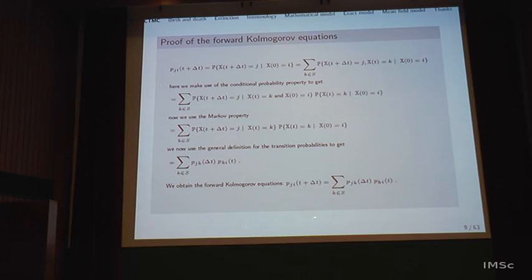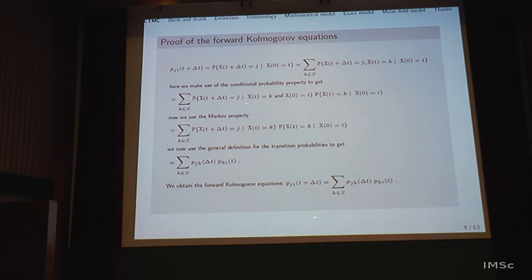So the idea is, if I know at an initial time I'm in a given state, how do I know I'm going to jump to a different state at time t plus delta t? By definition, you can say, well, sometime in between, I've jumped to some in-between state, which I'll call k, and of course it's going to be in my state space. So that is this transition probability, where I'm summing over k.